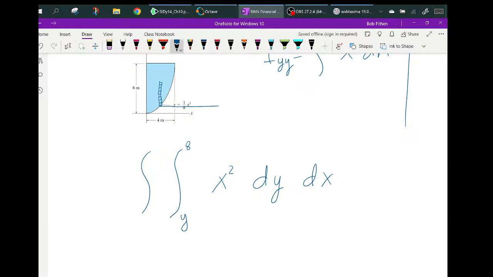But your deal is, what is Y? Well, Y is equal to 1/8 of x squared. Let me rotate my pen around. That's where that is. And then this time you're running from 0 to 4.